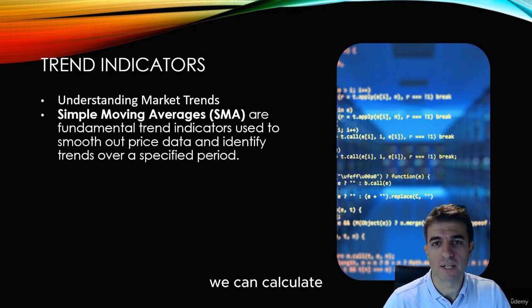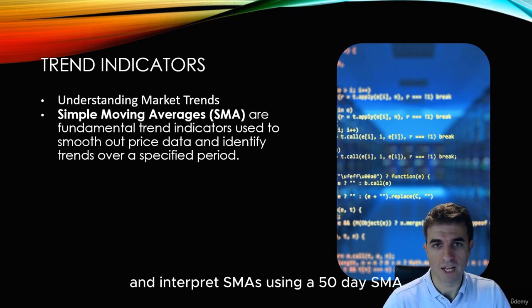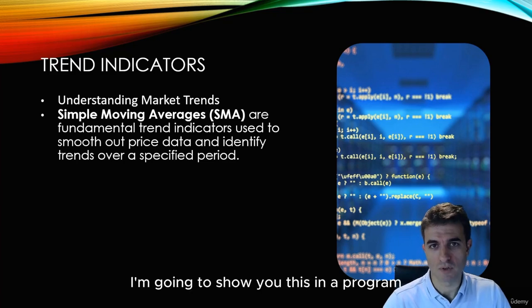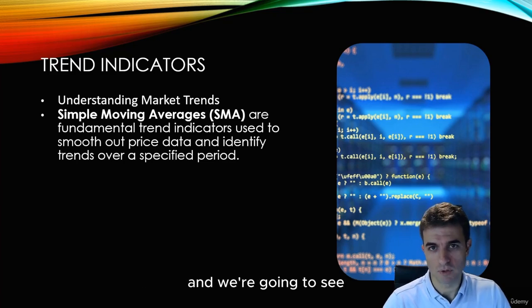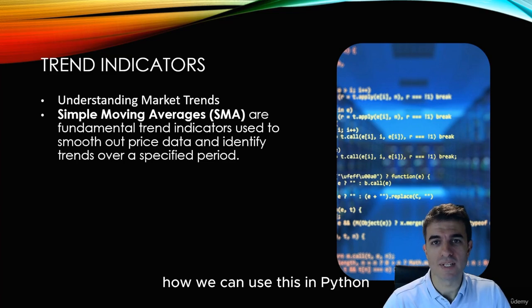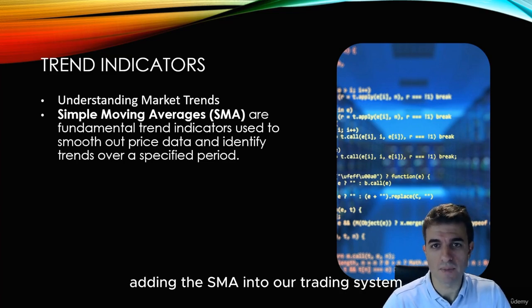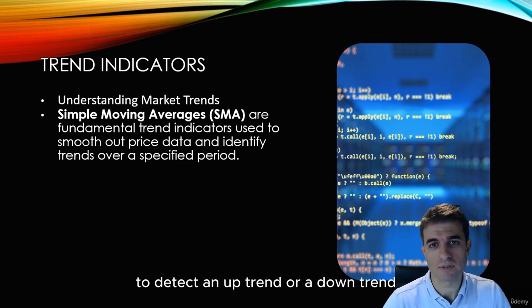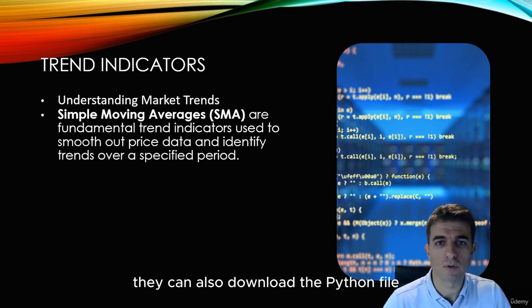As an example, we can calculate and interpret SMAs using a 50-day SMA to illustrate their applications. I'm going to show you this in a program, and we're going to see how we can use this in Python, adding the SMA into our trading system and using the candles to detect an uptrend or a downtrend.